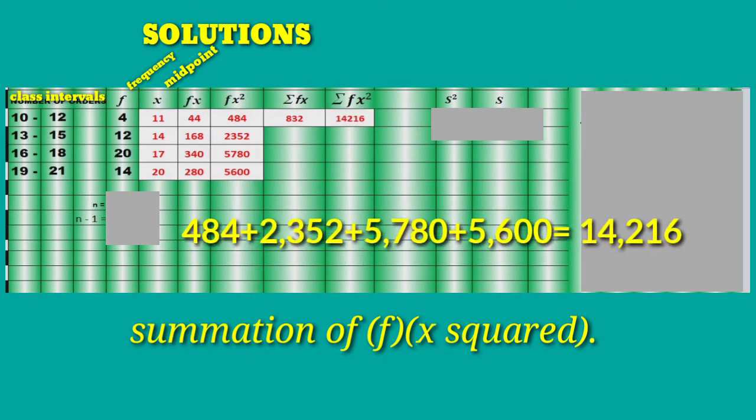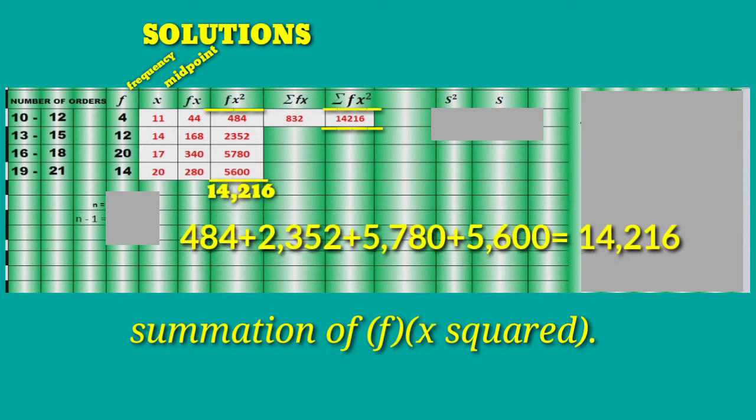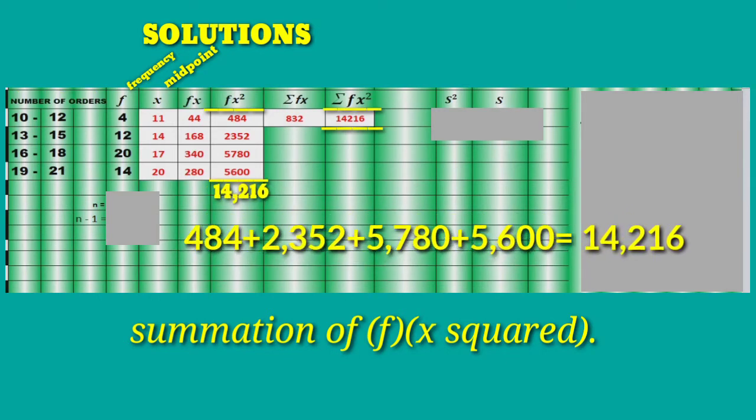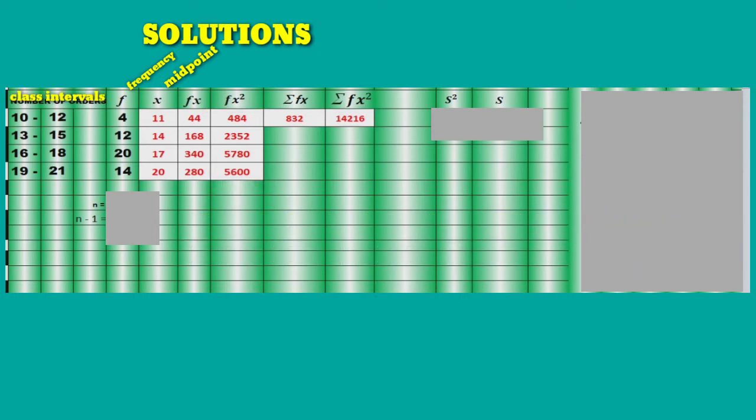The result is equivalent to 14,216, and that is your summation of fx squared. So now all the requirements needed for our formula are already put in place, so we can now solve the variance and standard deviation. Right, let us substitute it to our formula.